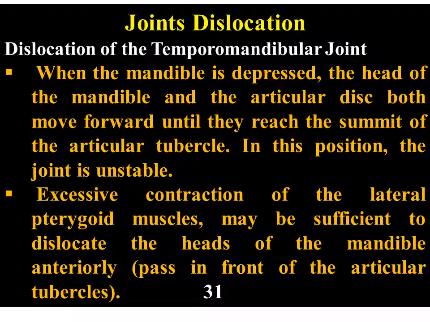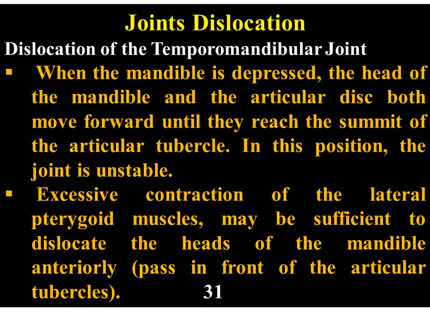When you depress the head of the mandible, the head and the articular disc both move forward until they reach the summit of the articular tubercle, which stops the movement. In this position the joint is unstable.